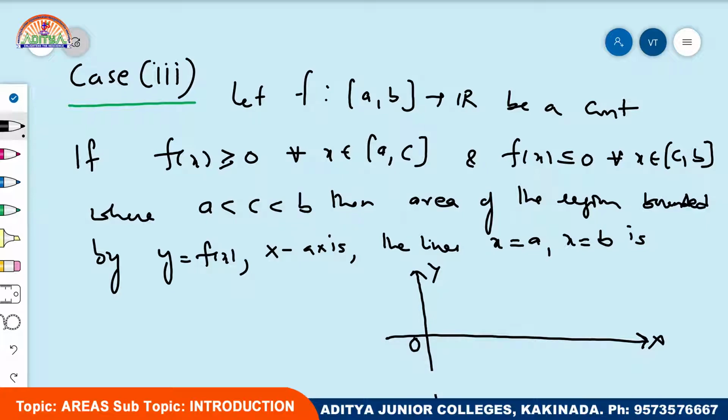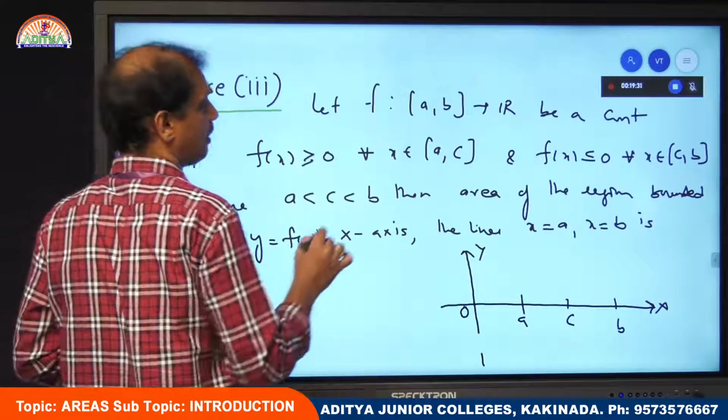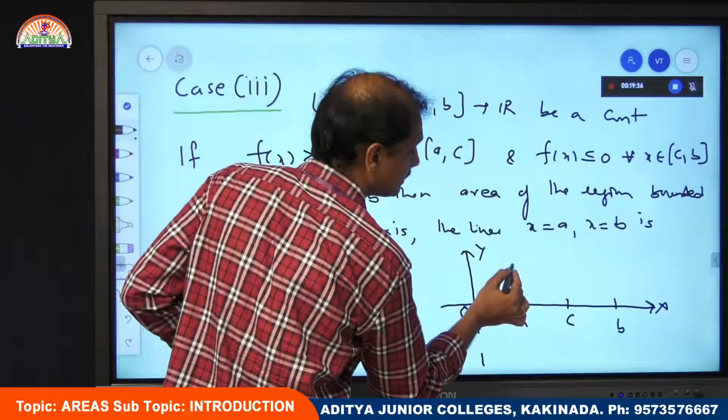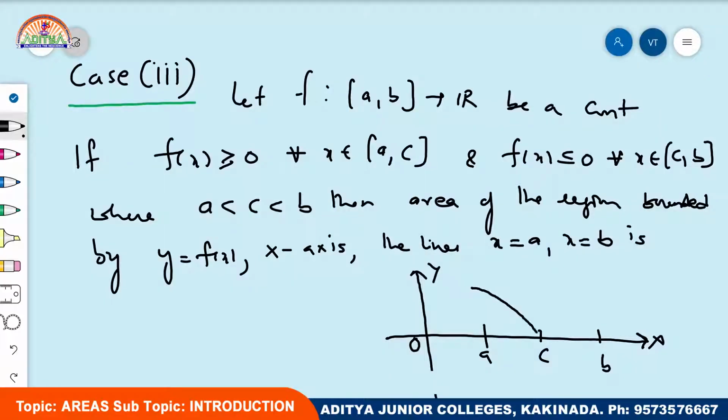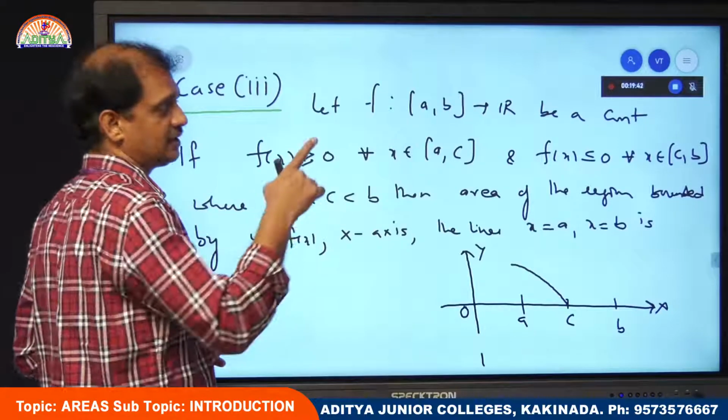Now I am going to consider the graph of f of x. Here the domain is closed interval a comma b. Here from a to c, where c is a point in between a and b, the graph is always greater than or equal to 0. That means here it will be like this. At c it should definitely be 0 because it is continuous.